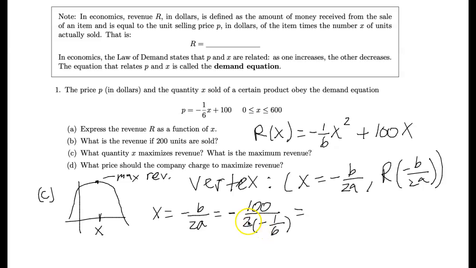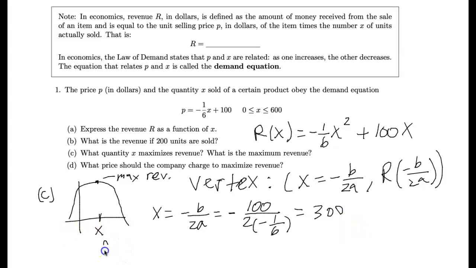The negatives cancel. 2 over 6 is 1/3, so 100 divided by 1/3 is 300. So the quantity needed to reach the maximum revenue is 300.